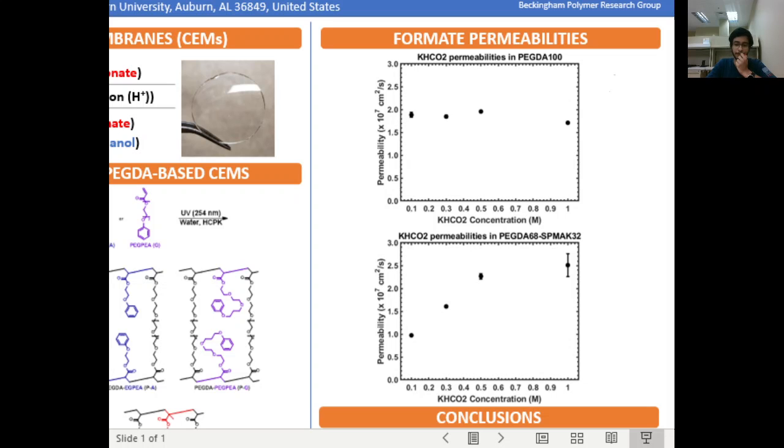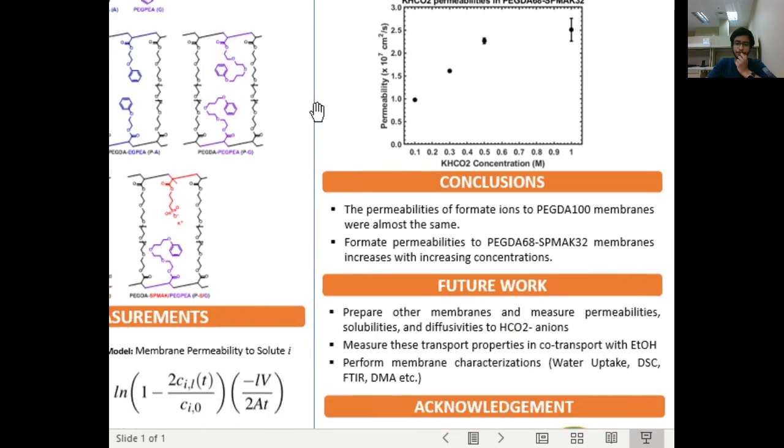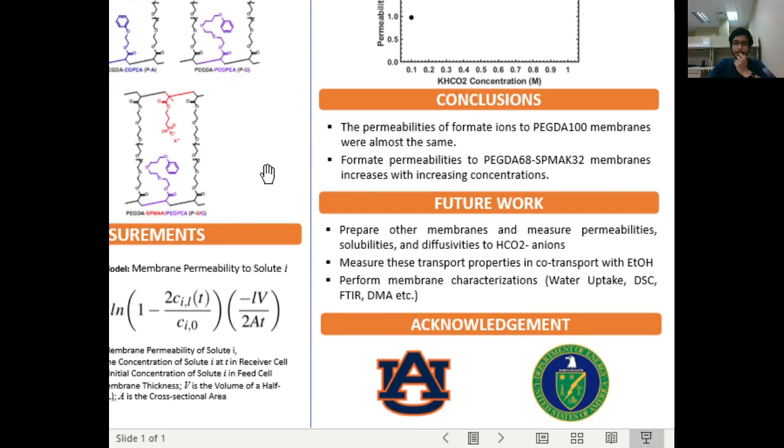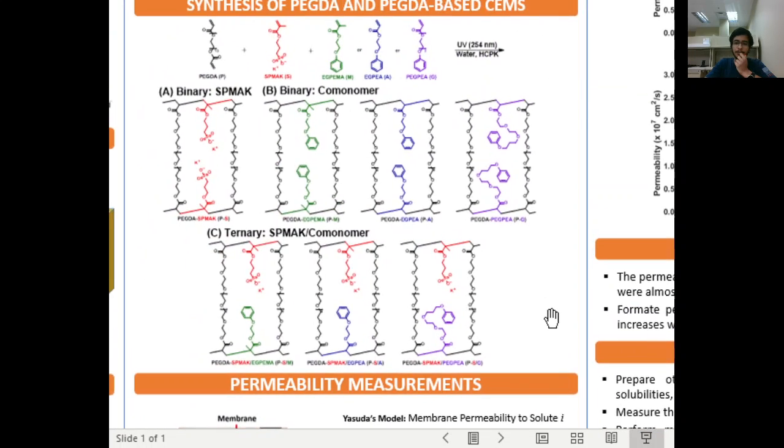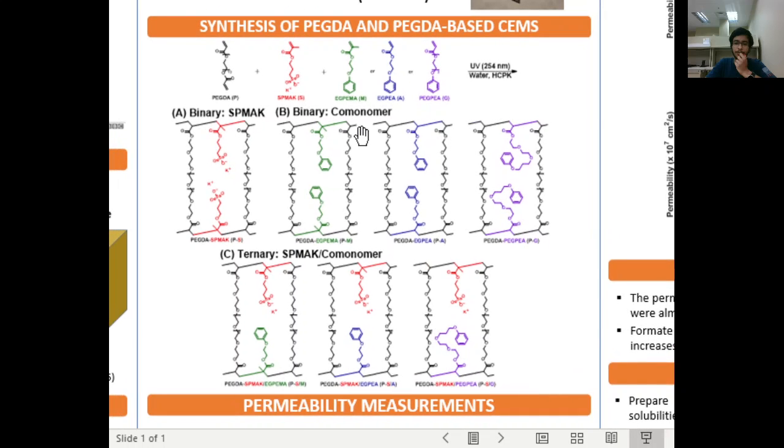of formate ions. So in future we are planning to prepare other membranes which also contain uncharged co-monomers such as phenyl ether acrylates, which are shown here and which are abbreviated as EGPMA, EGPEA and PEGPEA, which can efficiently tune the fractional free volume and other desirable properties for this membrane.